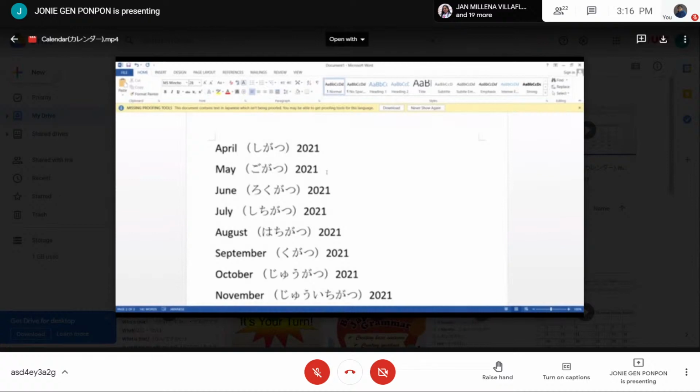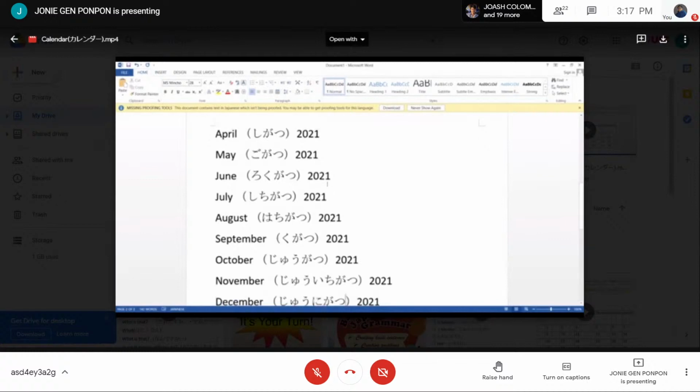So ichi plus gatsu, ichigatsu, is January. In learning this, you can now say your birthday. Later, we will say our birthdays. Now we have the names of the months.